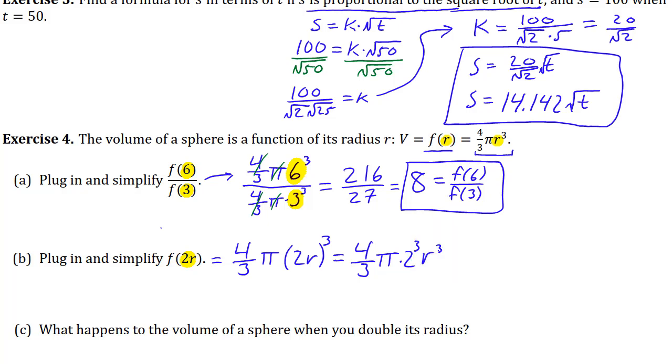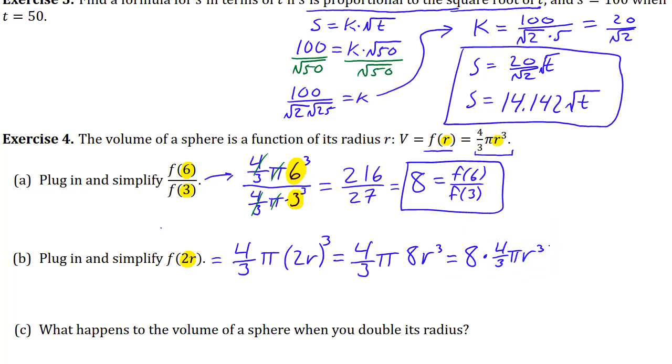First of all, 2 to the power 3 is just 8. I'm going to write that as 8, with the 8 out in front, just to separate it, written as 8 multiplied by 4/3 times pi r cubed.